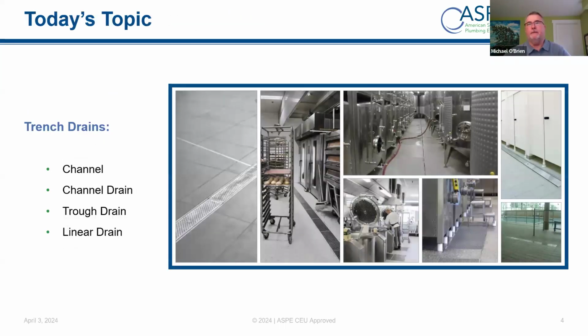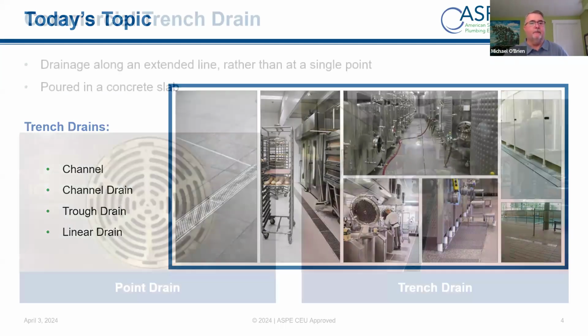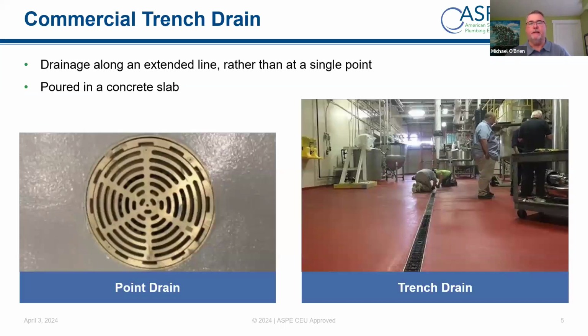So today we're talking about trench drains, sometimes called channels, sometimes called channel drains, sometimes called trough drains, linear drains, as opposed to a point drain, which is a single point in the floor. So running along a line, as you see, I think the drawing here is pretty self-explanatory.